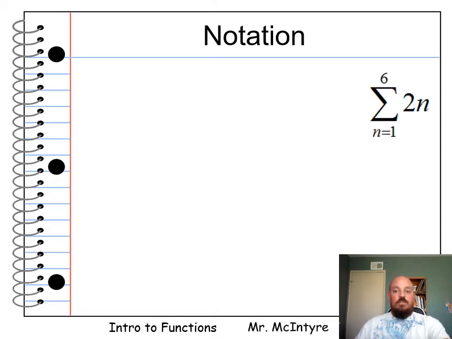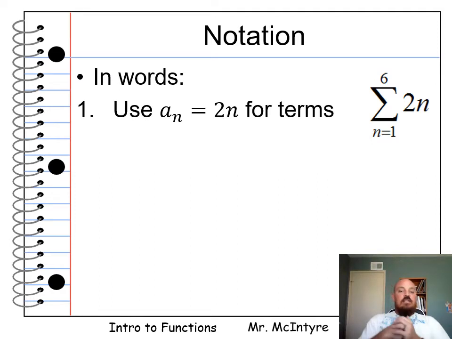For this example here, this is the same one. I would say I'm going to use that 2n, meaning 2 times n. Just like we did when we did sequences, let's call it a_n, because that's our formula for creating terms. So I'm going to use a_n equals whatever I see over here. In this case, it's 2n. And I'm going to use that to plug numbers into and make my terms.